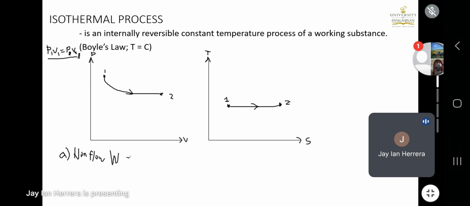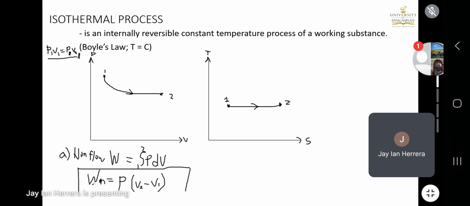Hindi na magbabago, the flow work is equivalent to PdV, or you can write here as work non-flow is equivalent to pressure multiplied by V2 minus V1.